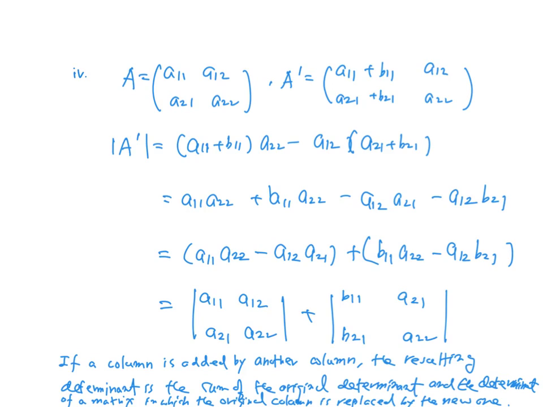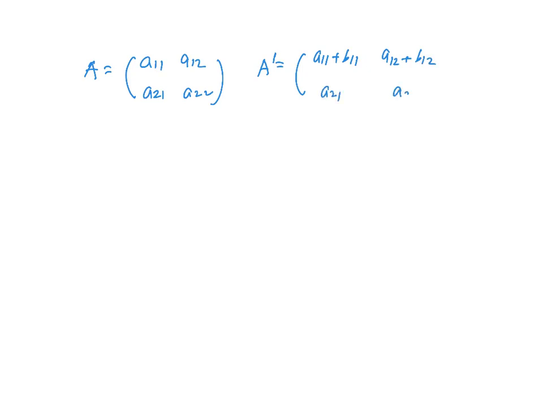And actually, the same thing is true if you add particular rows. So A is A11, A12, A21, A22. A prime is say A11 plus B11, A12 plus B12, A21, A22.